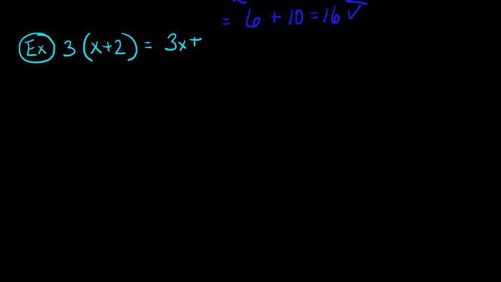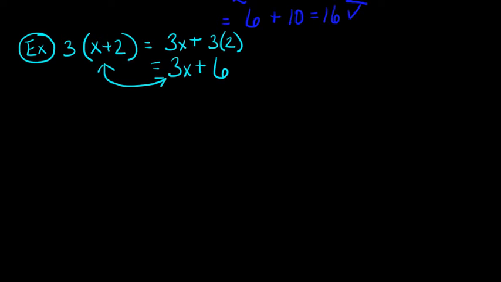And if I work that out, it's 3x plus 6. Now, I'm not solving this. I don't know what x is equal to, but we have written an equivalent expression by using the distributive property. This right here is equal to that, distributing out that 3.